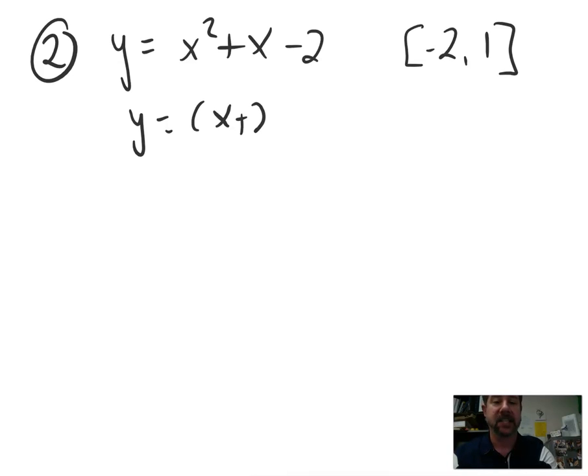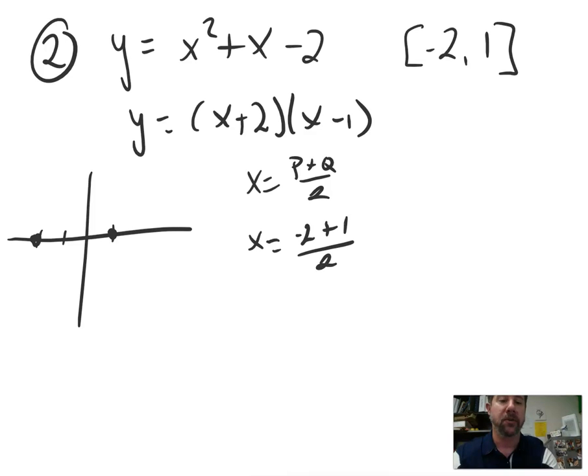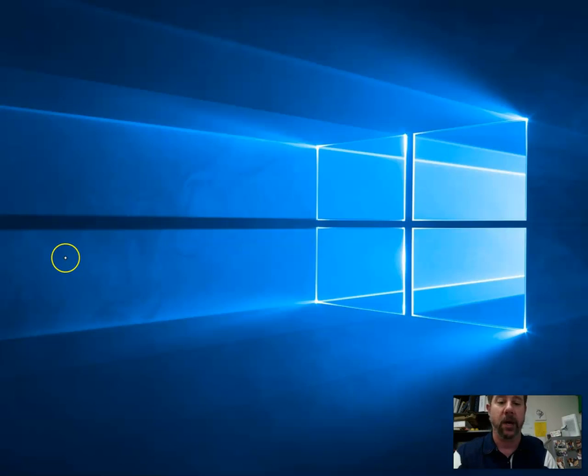It factors to (x plus 2)(x minus 1), so it crosses at -2 and +1. The vertex is at x equals (p plus q) over 2, or (-2 plus 1) over 2, which gives me -1/2.